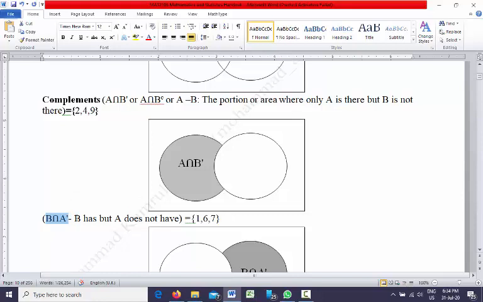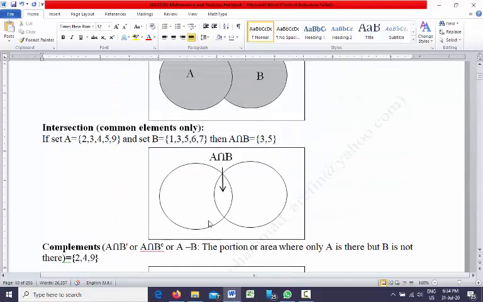B intersection A prime or B intersection A^c means B has but A does not have.